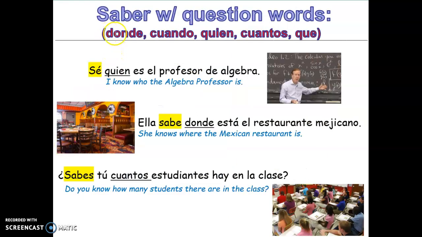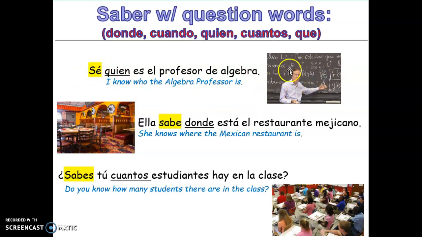When you have a question word, like hopefully you know these, where, when, who, how many, you would use saber. So if I want to say, sé quién es el profesor de álgebra. I know who he is.